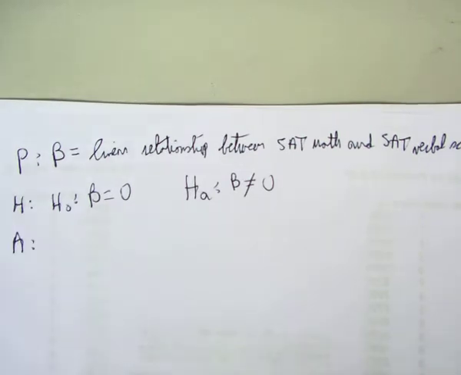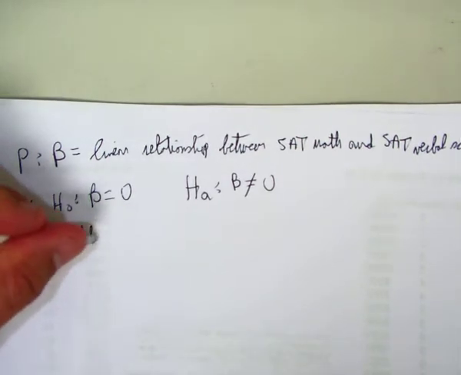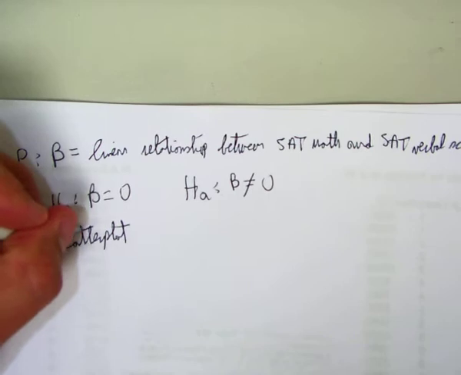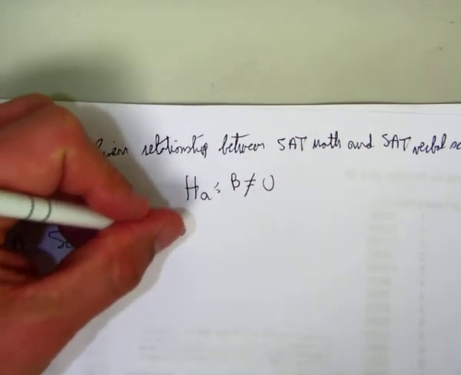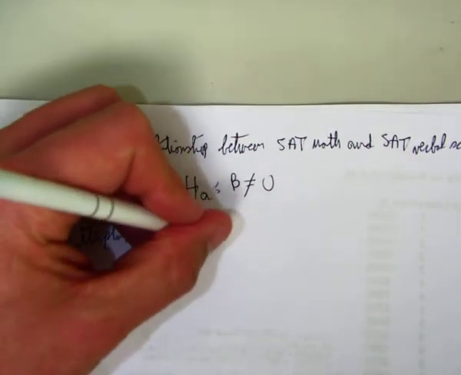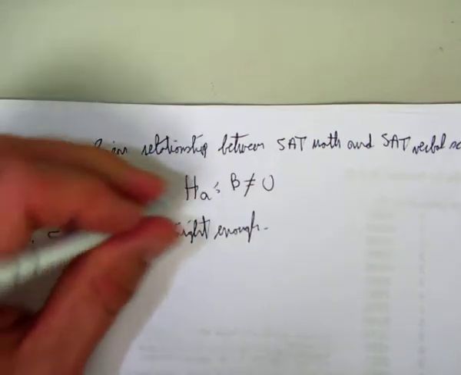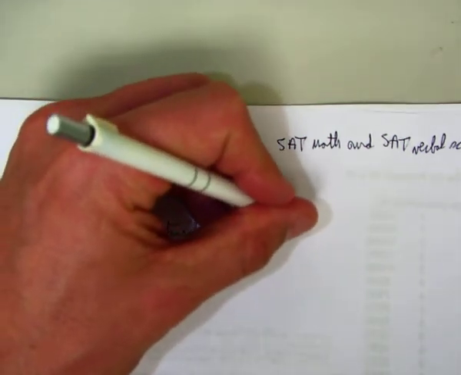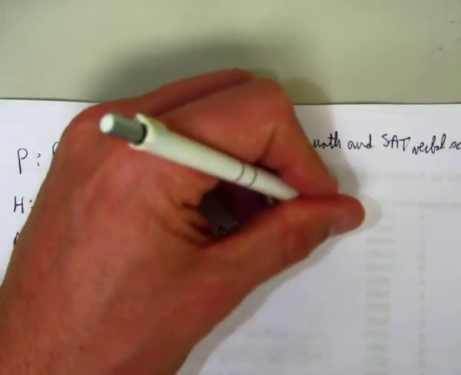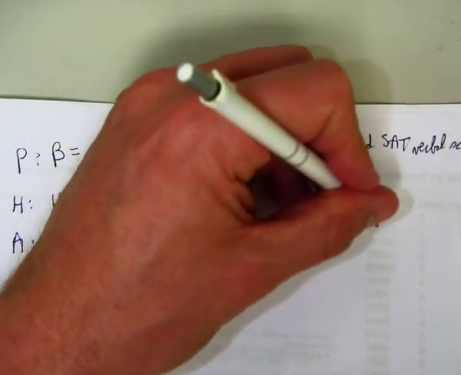The assumptions: if I look at the scatter plot, it is straight enough. The residual plot shows no pattern.